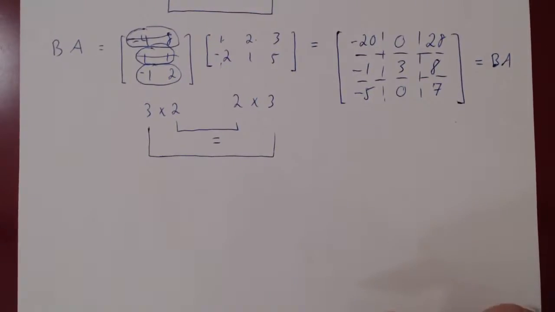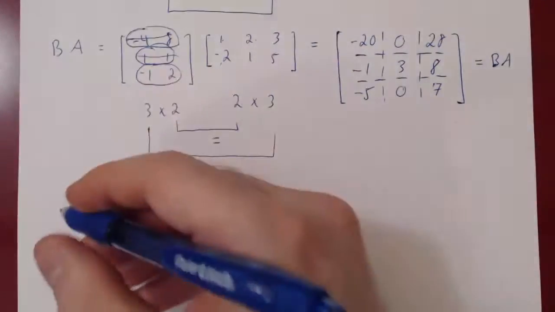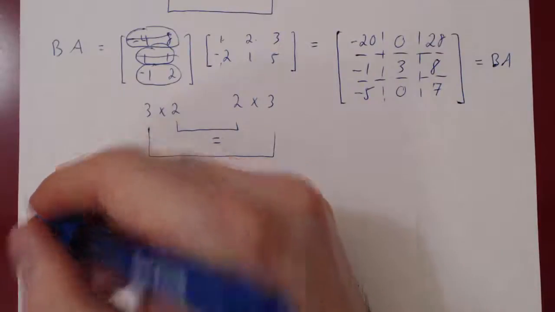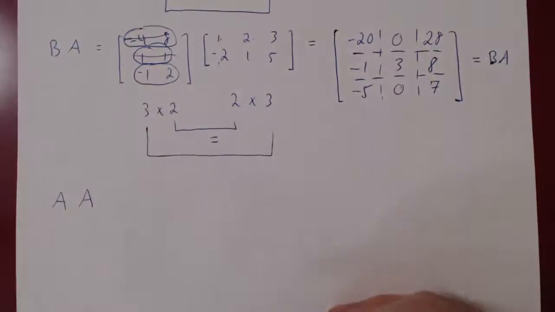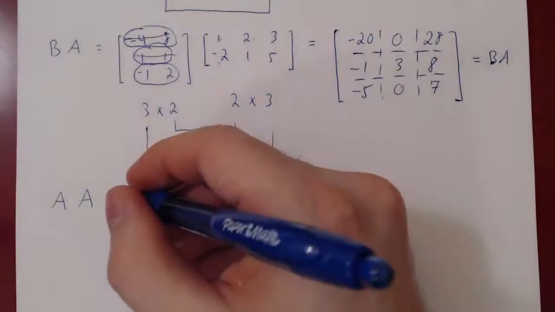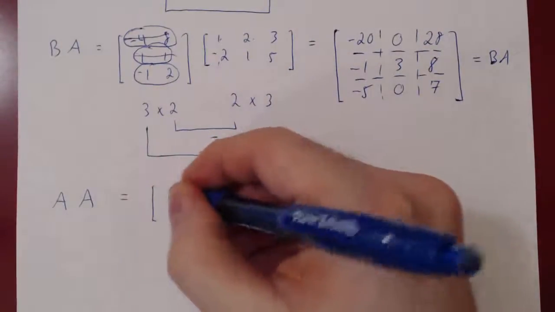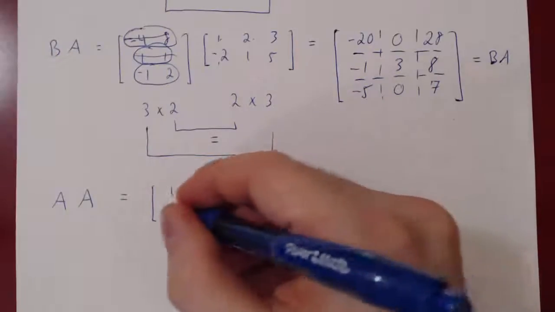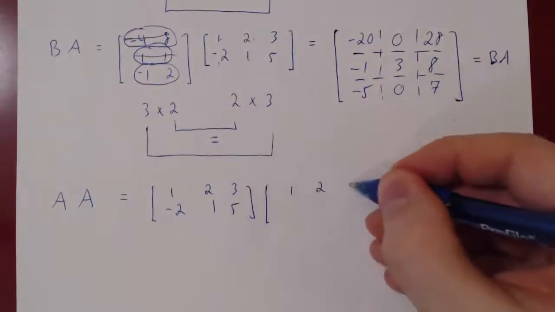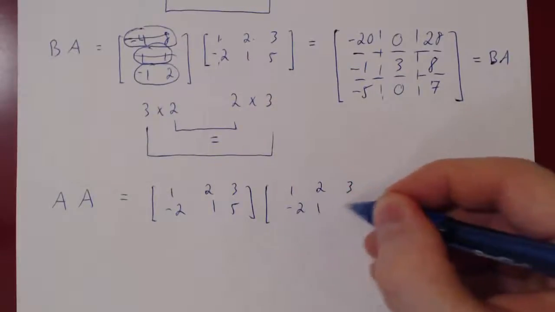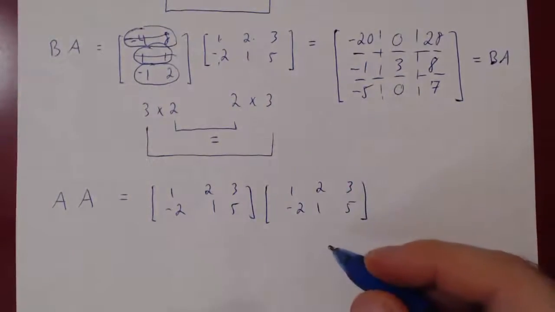So what if we try and do the following? What if we take A and we try and do A times A? So multiply A with itself. Well, this is 1, 2, 3, negative 2, 1, 5 times 1, 2, 3, negative 2, 1, 5. Well, let's see.